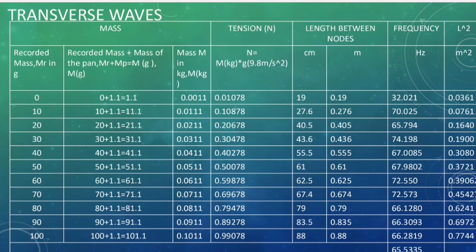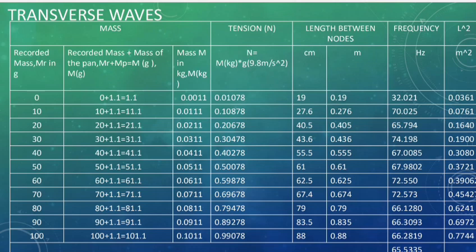In the third column we have the mass in kg, converting the second column from grams to kg. The next is tension, in N, which is the mass in kg multiplied by the acceleration due to gravity, that is 9.8 meters per second squared.